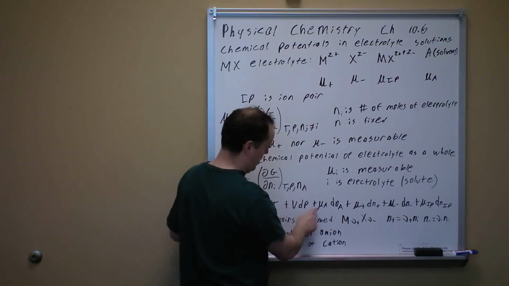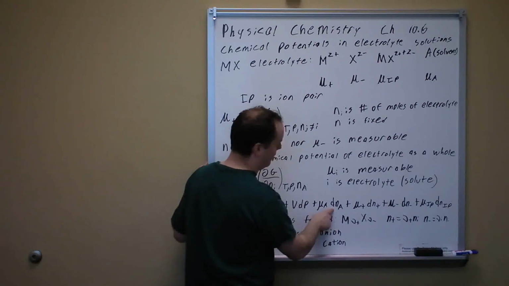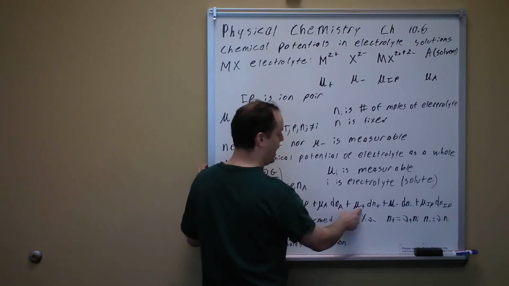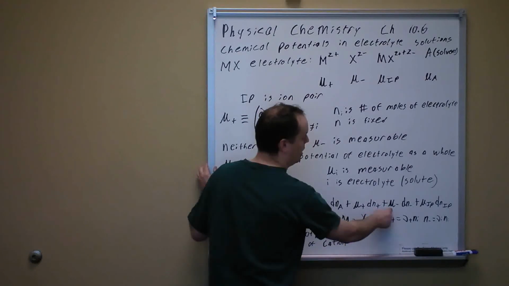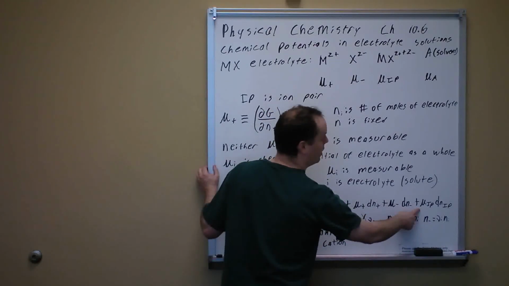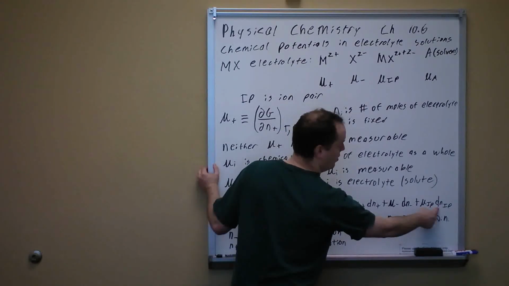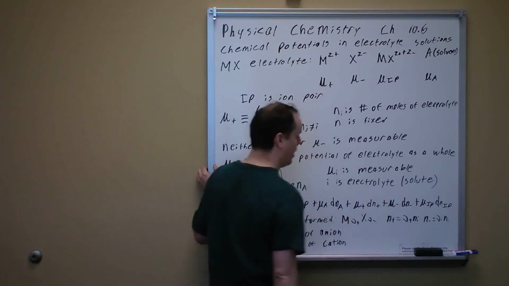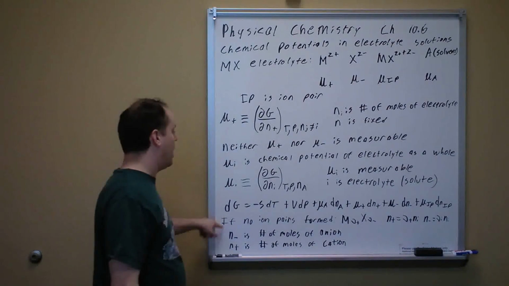And then plus the chemical potential of our solvent times the differential of the number of moles of the solvent, plus the chemical potential of the cation times the differential of the number of moles of the cation, plus the chemical potential of the anion times the differential of the number of moles of the anion, plus if we form ion pairs, then you have the chemical potential of the ion pair times the differential of the number of moles of the ion pairs. Now, what happens if we have no ion pairs then?